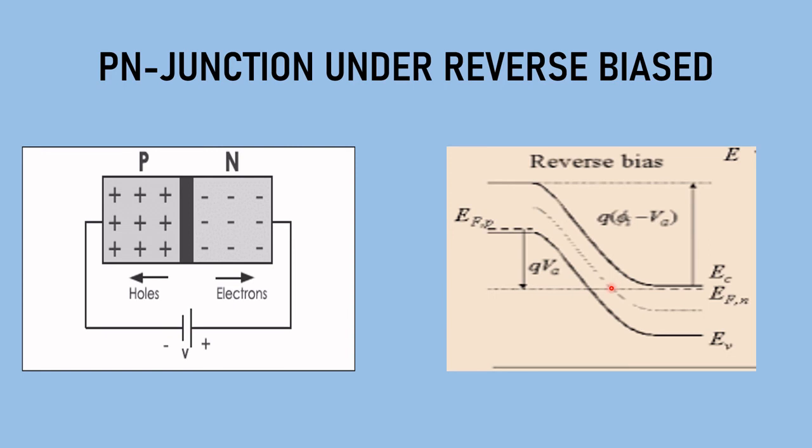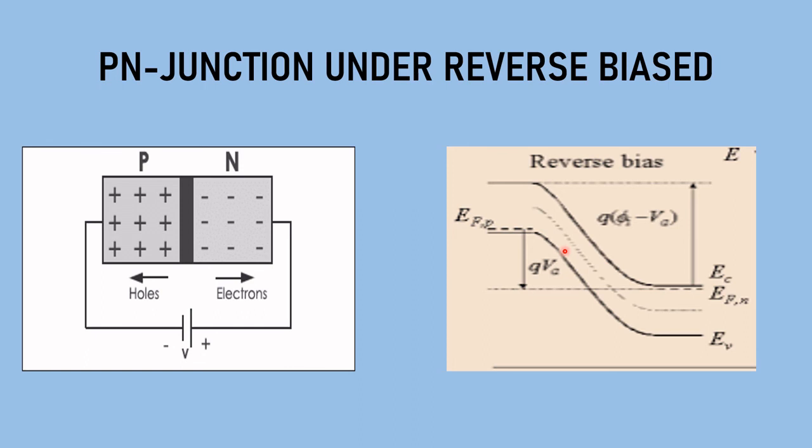So this is the energy band diagram of the PN junction for the case when a positive voltage is applied to the N region with respect to the P region. As the positive potential lowers the energy, the Fermi level on the N side, that means EFN, is below the Fermi level on the P side.